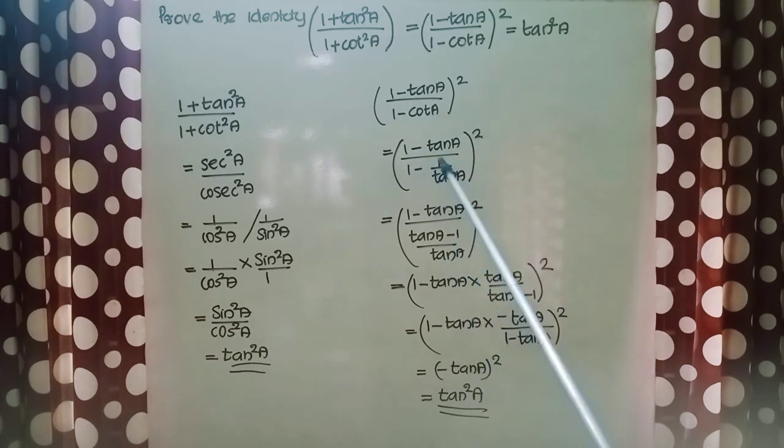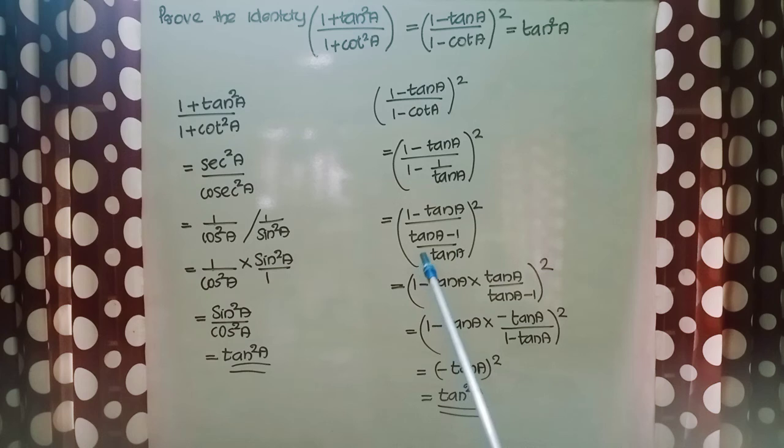We can do the cross multiplication and in the denominator we get that is equal to ((1 minus tan A) by ((tan A minus 1) by tan A)) whole square. Let us multiply with the reciprocal of the denominator. We get that is equal to ((1 minus tan A) into tan A by (tan A minus 1)).